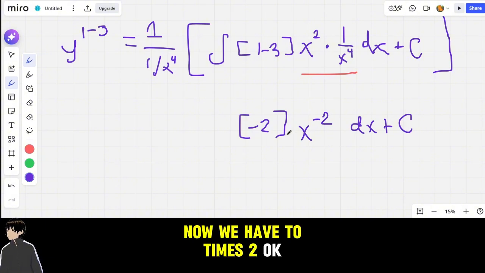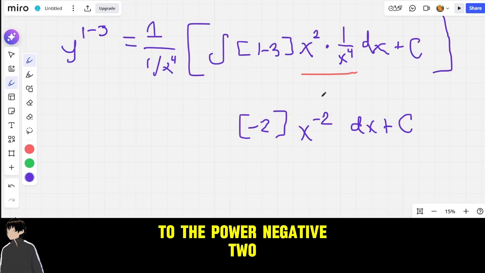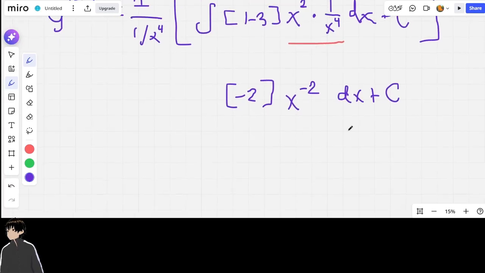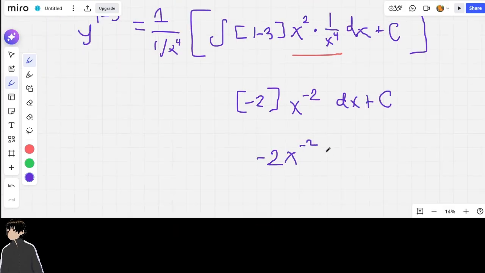Now we have to times 2. We have to distribute negative 2 to x to the power of negative 2. So that's going to be negative 2x to the negative 2.